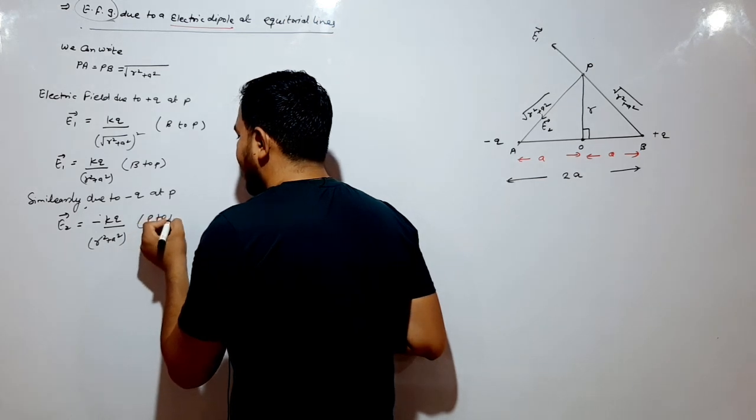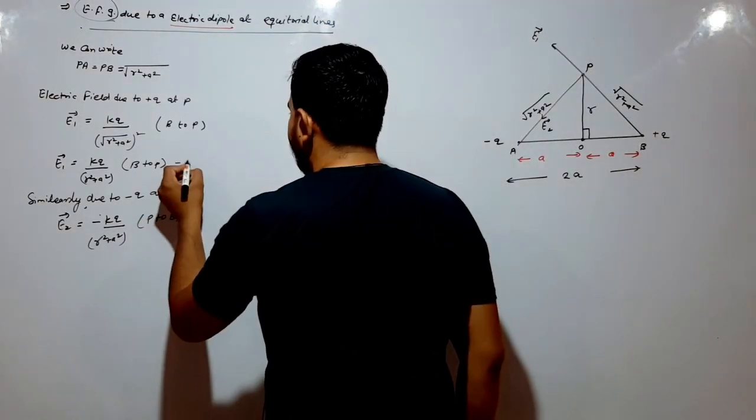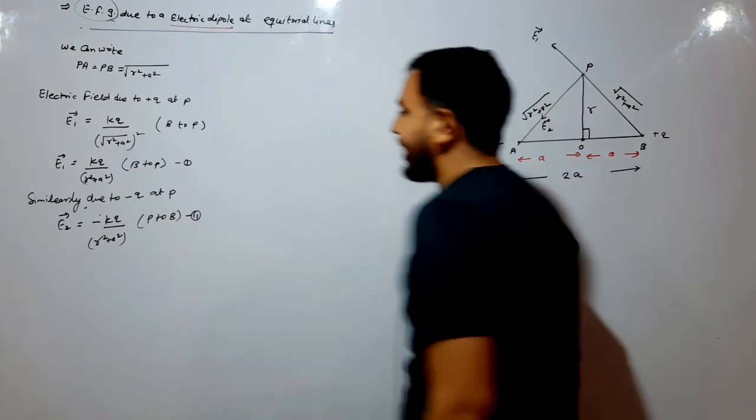Here direction is P to A. This is equation number first. This is equation number second.